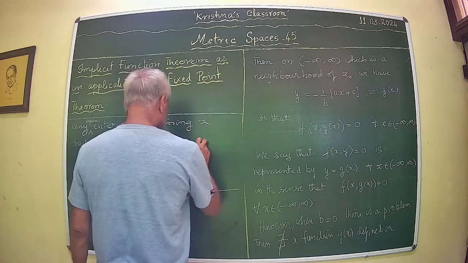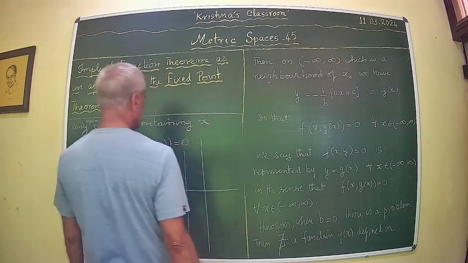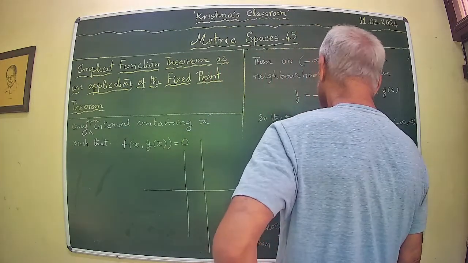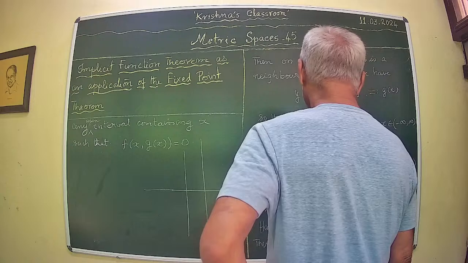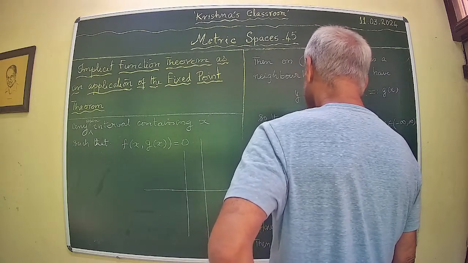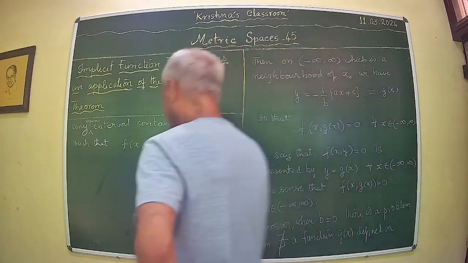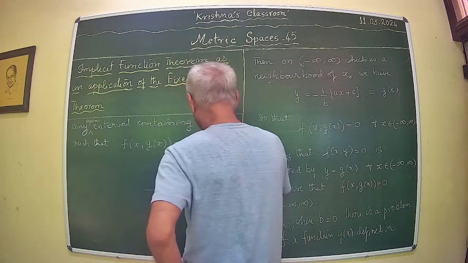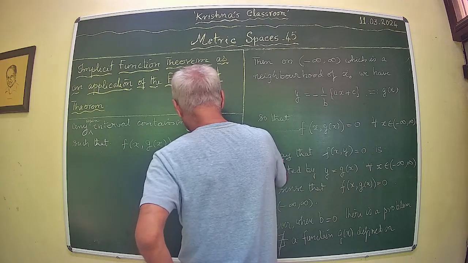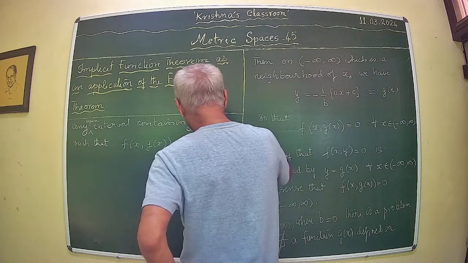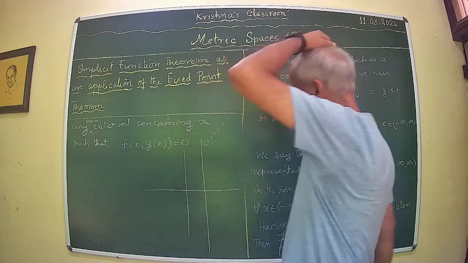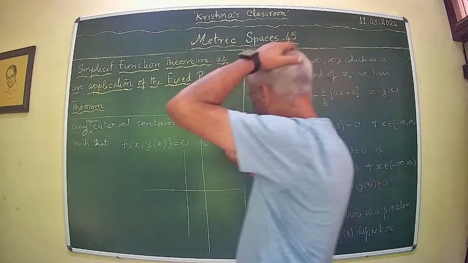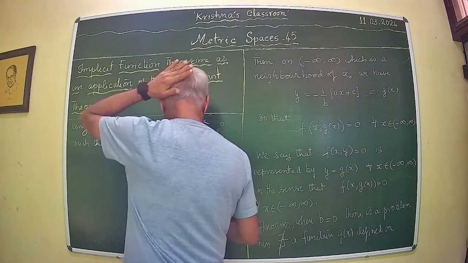See, this is ax plus b equal to 0. So we have, in fact, a line that passes through some point.